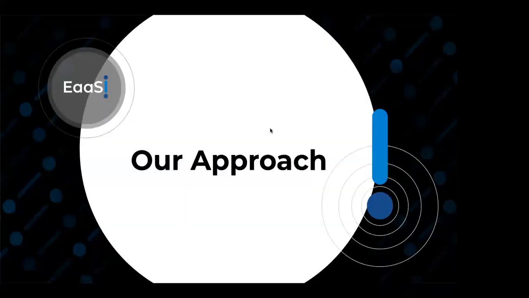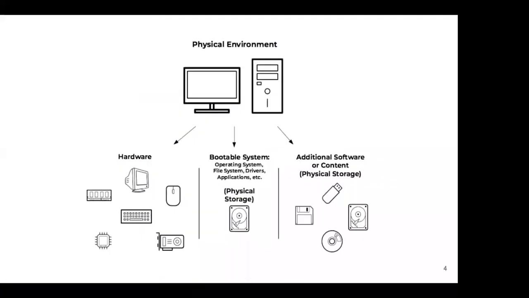What is in the model? There's a lot, but I want to start by taking a step back to just talk about what it is that we're emulating and how that applies to metadata.